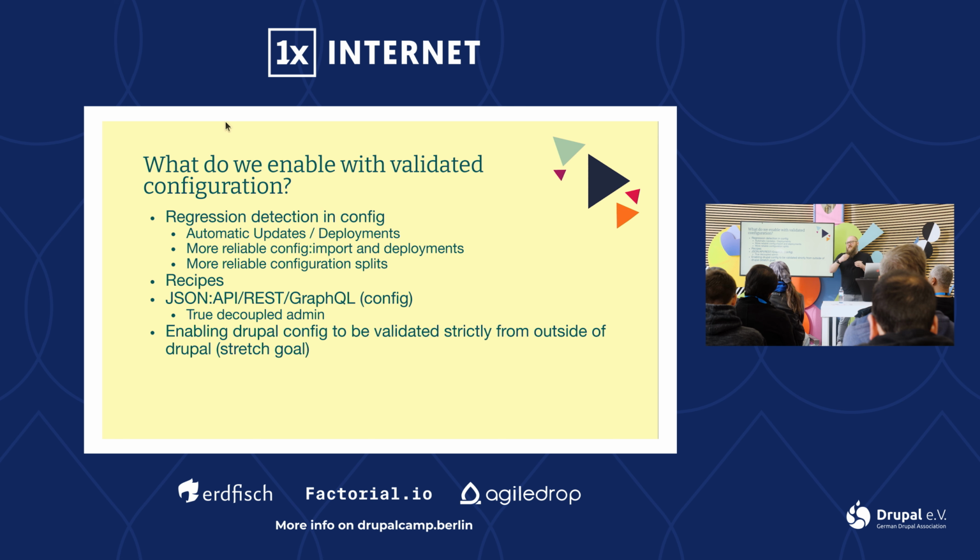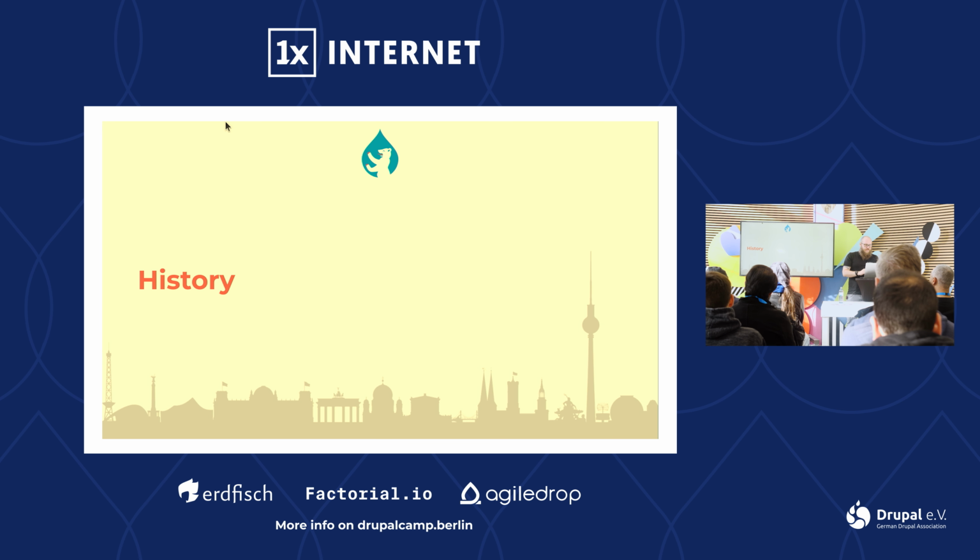Imagine you have a really fast Rust script or something written in Python that reads all the YAML files, checks that they're correct according to your validation, and can fail your deployment pipeline within 2 seconds, before it actually does all the things like Composer install. So you could have very fast feedback that the configuration you have is correct. But as I said, this is a stretch goal that will probably be quite far into the future.